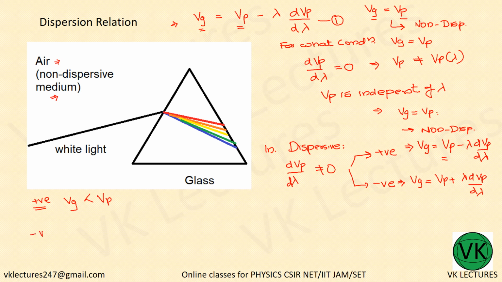Now for a negative quantity, Vg is Vp plus something, so Vp will always be less, so Vg is greater than Vp. Now if the quantity is positive, this is called normal dispersion.